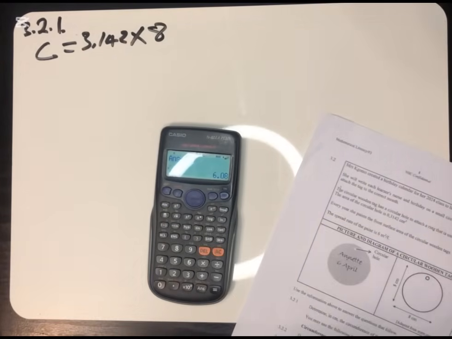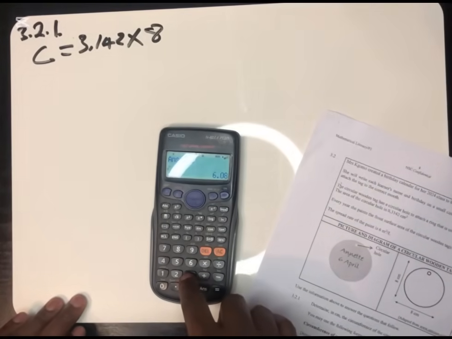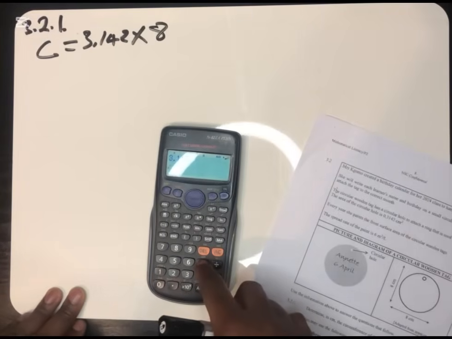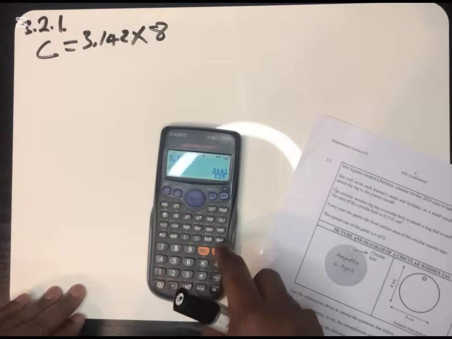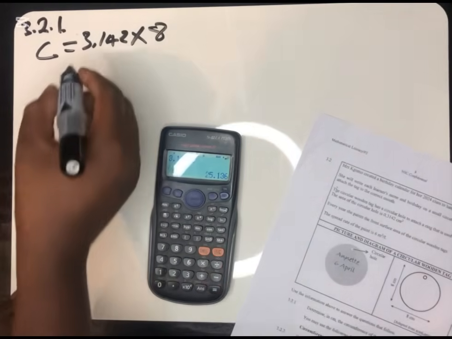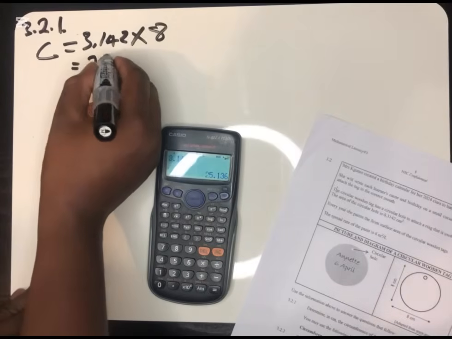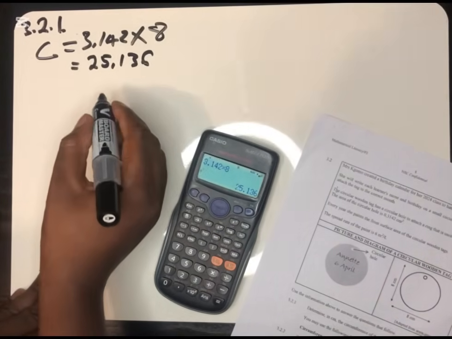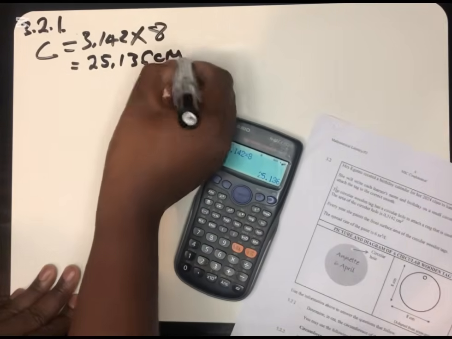So we continue using our calculator for this. 3,142 multiplied by 8 gives us 25,136. The units used here are centimeters.